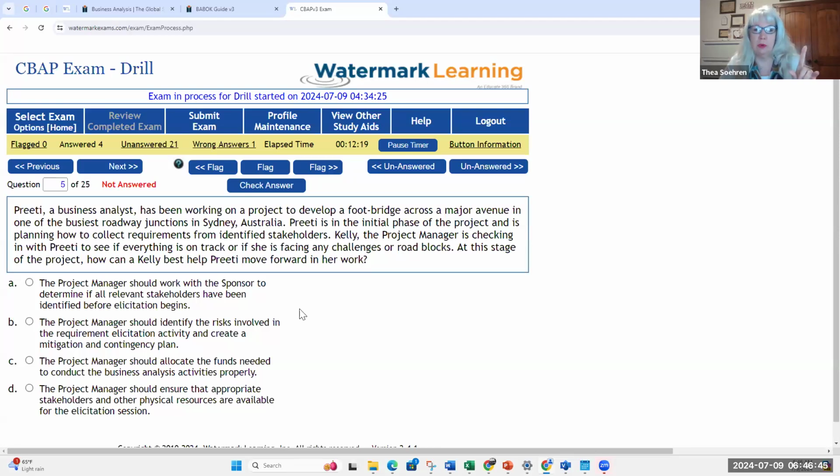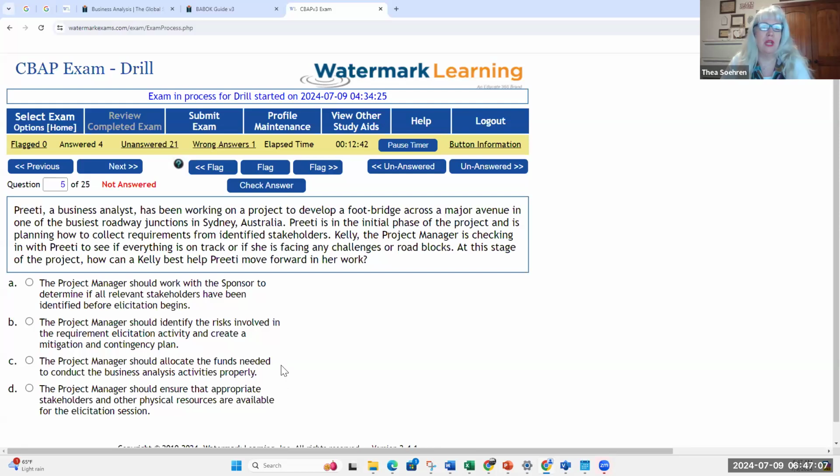So Kelly is a project manager. In this task, the project manager has a specific role. The project manager should work with the sponsor to determine if all relevant stakeholders have been identified before elicitation begins. The project manager should identify the risk involved in the requirements elicitation activity and create a mitigation and contingency plan.